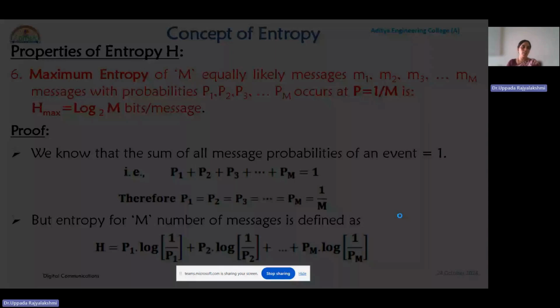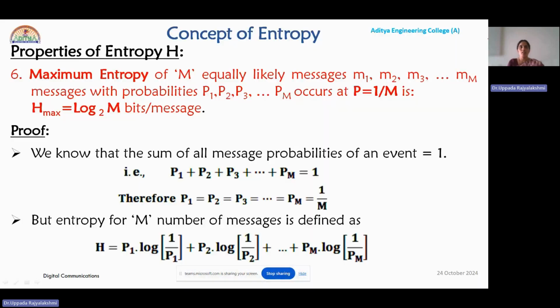And the sixth property is the maximum entropy for M equally likely messages. In the fifth property, we considered only two messages, and in the sixth property, we consider capital M equally likely messages.